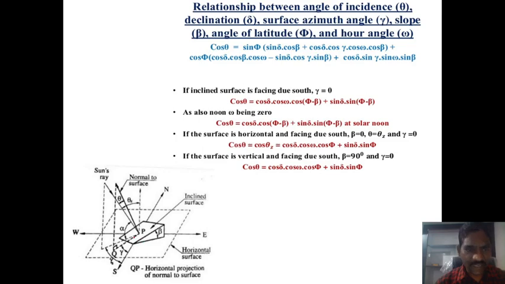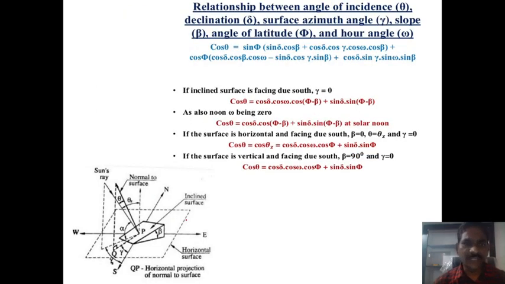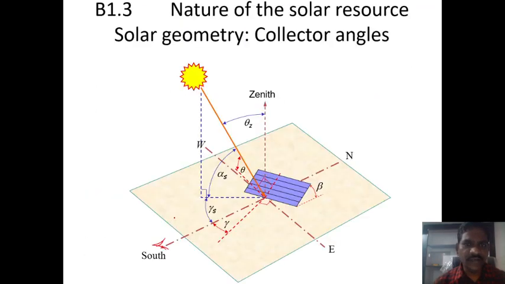We always have the collector facing south. In that situation, suppose gamma is 0. We already learned the definition of the surface azimuth angle gamma: the angle between the projection of the normal to the collector and the line due south.